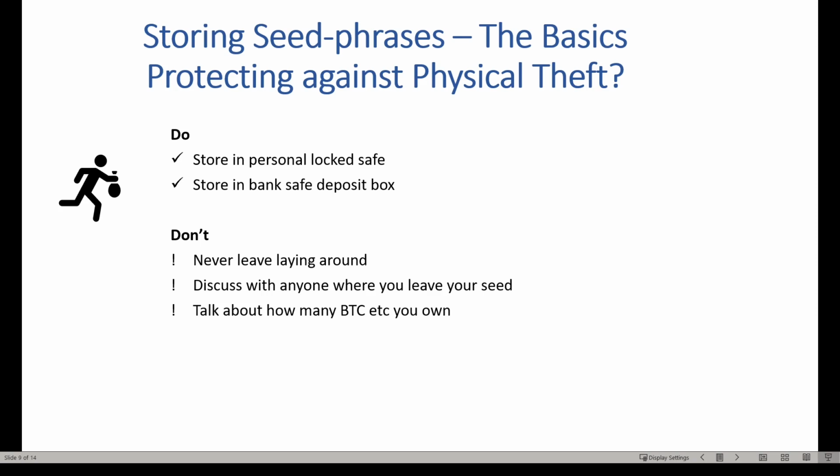But if you say, oh, I've got 500 Bitcoin stored on my hardware device, then the chances are you're painting that target on your back again. So just be sensible and do the things you would normally do with physical assets to secure them in your home or office environment. Okay, it's pretty simple stuff, that side of things.